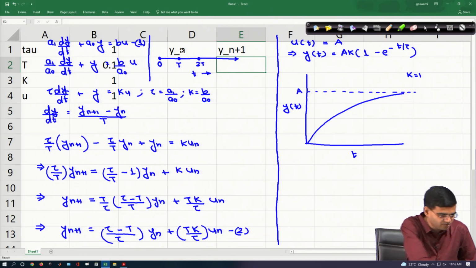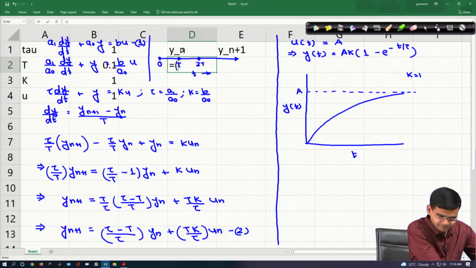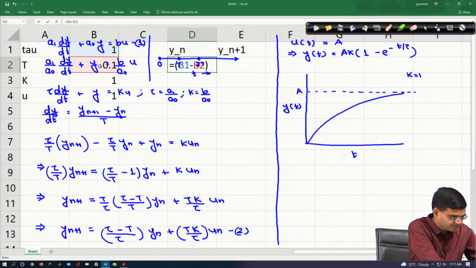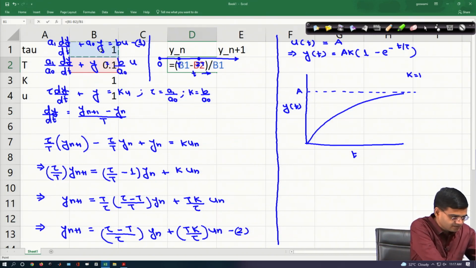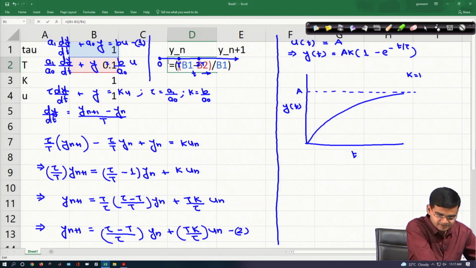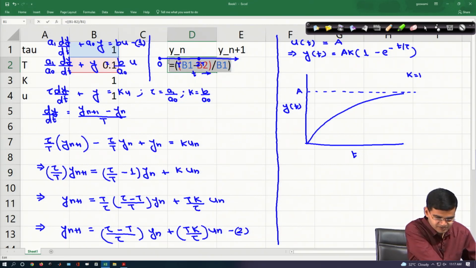Let me just punch in the formula. So, this is equal to tau minus T, divided by tau, the whole quantity multiplied by y n. Okay, so, this has to be y n plus 1, sorry.